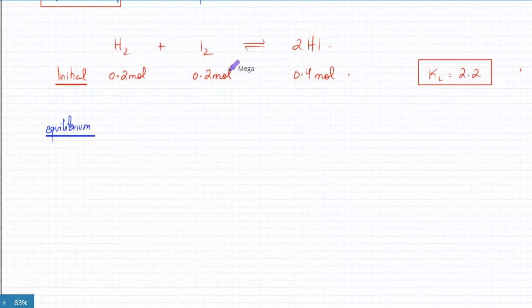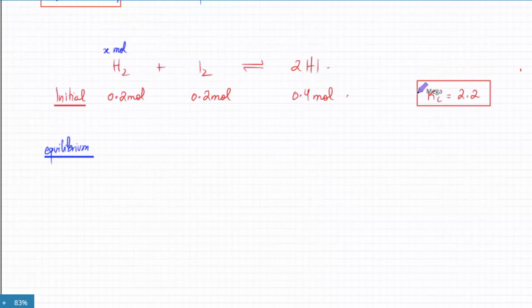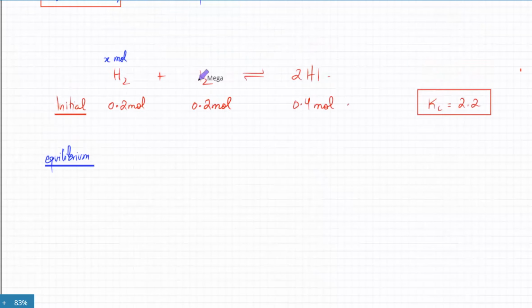So I'm just going to make an assumption. I'm going to say that X moles reacted. That's just one random assumption that I've made. I don't know what the quantity is, but it's just an assumption that X moles have reacted.